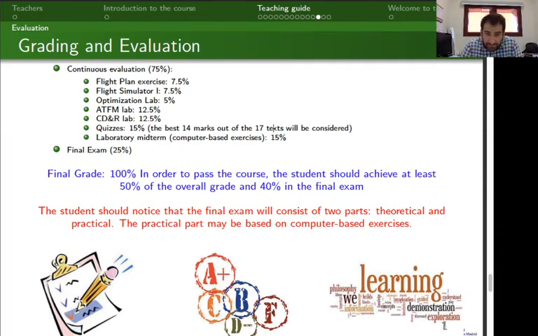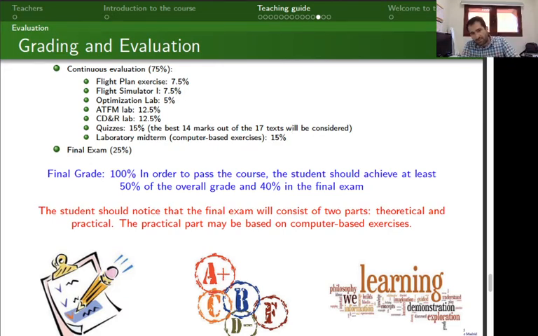That's the idea, okay? And then just for the laboratory, computer-based exercises, another 15%. This makes 75. And then the final exam 25. In the final exam, you need to get a 4 out of 10 in order to weight the continuous evaluation with the final exam mark.